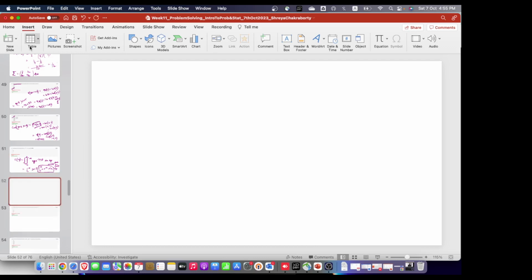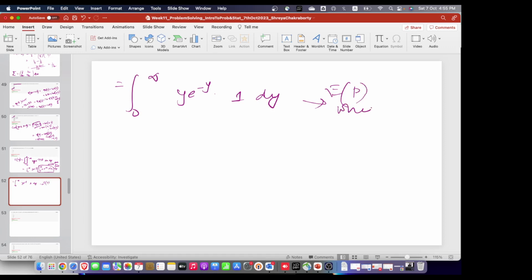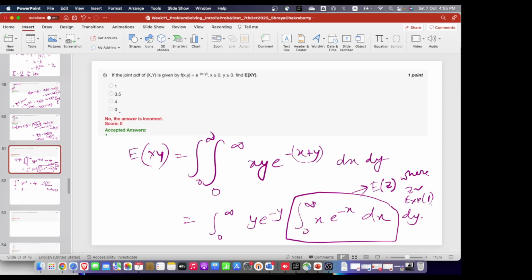So we would have the integral from 0 to infinity of y e to the power minus y into 1 dy, and this is also the expectation of some p where p follows exponential 1, so this will also be 1. Alright, so that is the answer.